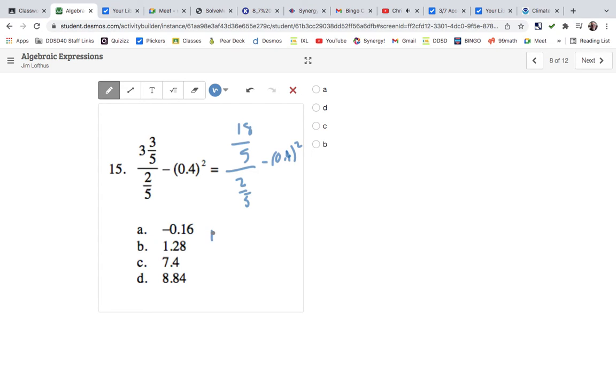So 18/5 divided by 2/5 is 18/5 times 5/2. Those cancel to 1. 18 divided by 2 is 9. So this is going to be 9 minus 0.4 squared. 0.4 times 0.4, 0.16. So we take 0.16 away from 9, and we get 8.84.